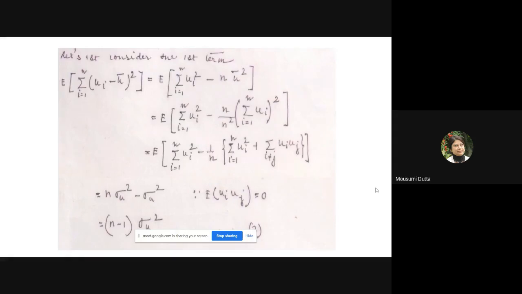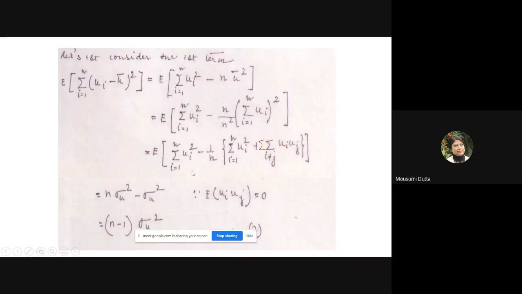Next, summation ui square I am keeping as it is. N by n square is 1 upon n. And if I consider summation ui whole square, actually I get summation ui square plus double summation ui uj, where i and j are running from 1 to n and i not equal to j.